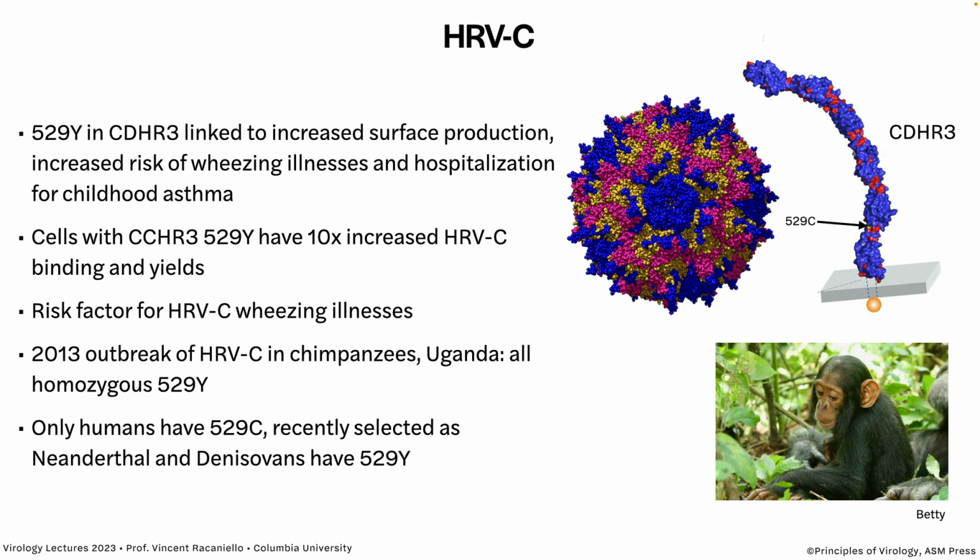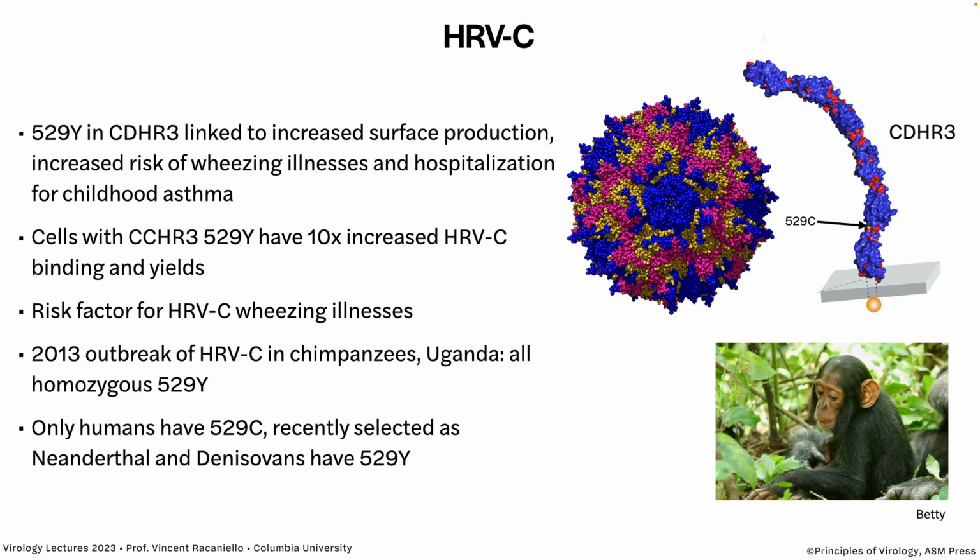Humans have 529C. So what happened there is probably the virus selected for humans with 529C because it protects them against severe rhinovirus disease. Neanderthals and Denisovans have Y. Probably the virus wasn't circulating back then. Otherwise, there would have been pressure to select the C allele.